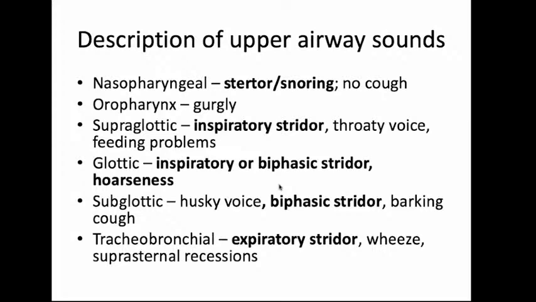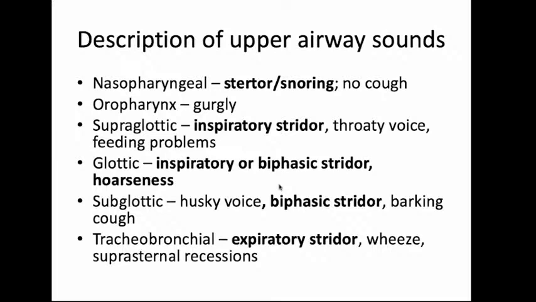When the obstruction is at the level of the oropharynx, the breath sounds are more gargly, like when you gargle water. When it is at the level of the supraglottis, that's above the glottis but within the larynx, the stridor, that sound that accompanies the respiration, is inspiratory.